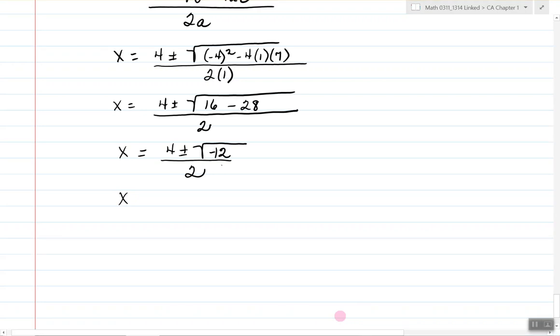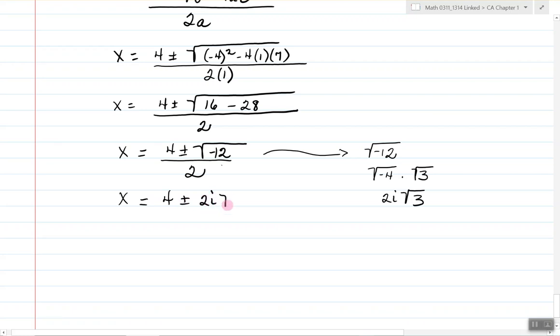So I need to take the square root of negative 12. This will be the square root of negative 4 times the square root of 3. The square root of negative 4 is 2i square root of 3. So back to the problem, I have equal sign 4 plus or minus 2i square root of 3 all over 2.